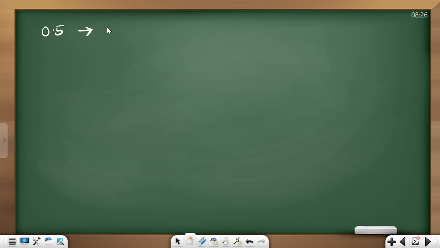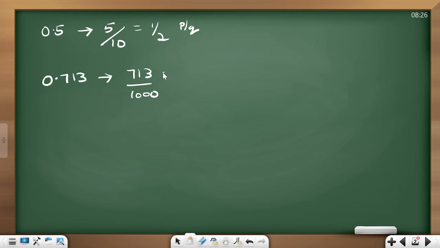You can write it as 5 by 10, that is nothing but 1 by 2. If we take 0.713, it's nothing but 713 by 1000. You are able to write it in the P by Q format, right? So this is very easy, this terminating decimal which we have seen from childhood onwards.